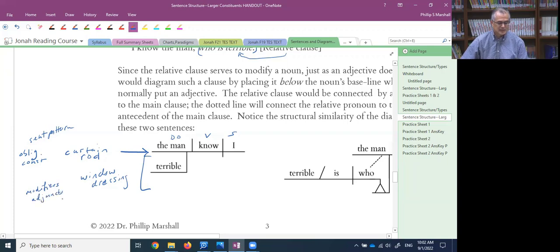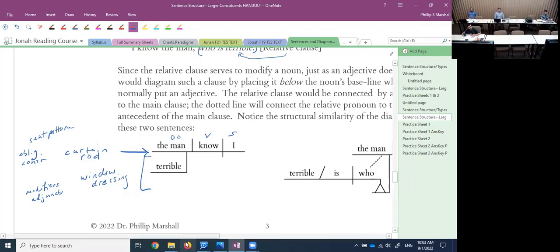These are the things that are not obligatory, but they dress up the essential components that are. So I know the man is by itself a perfectly good grammatical sentence. I know the terrible man is more interesting. I've dressed up the sentence with a modifier, right? But one which, if I omit it, doesn't make the sentence ungrammatical.